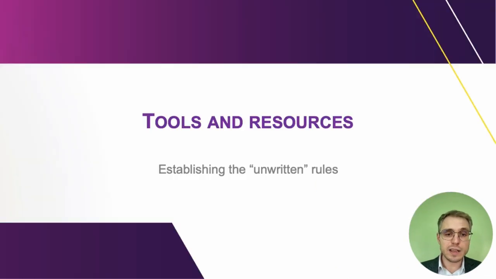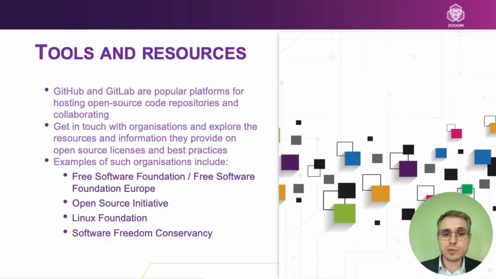So this is equally applicable. When it comes to some of the tools and resources, you can see here a list of some of the popular platforms such as GitHub or GitLab, which are the 2 most popular platforms around the world for hosting open source code repositories and collaboration.